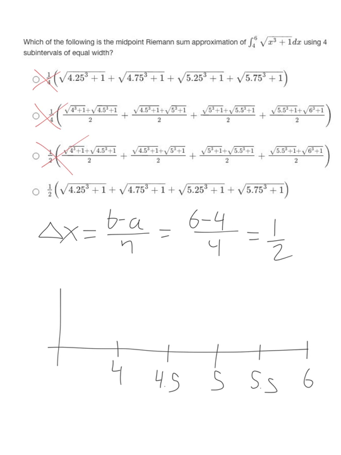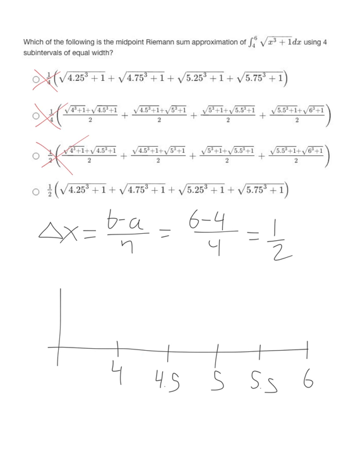Those would be my subintervals, my actual rectangles with a width of 1/2. But because we're using a midpoint, we're not going to use the left endpoint to get the height, and we're not going to use the right endpoint. We're going to use the midpoint, go up from there, and plug in the midpoint as the x value into the function to get the height.